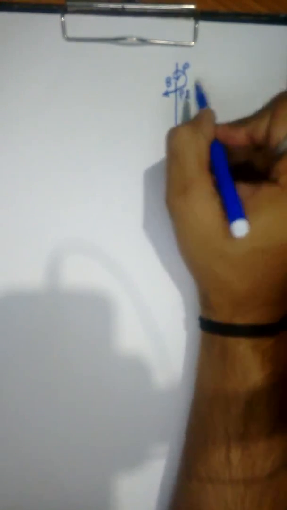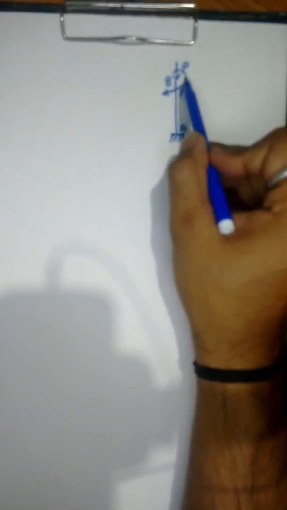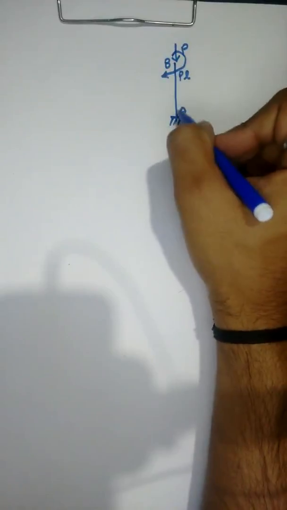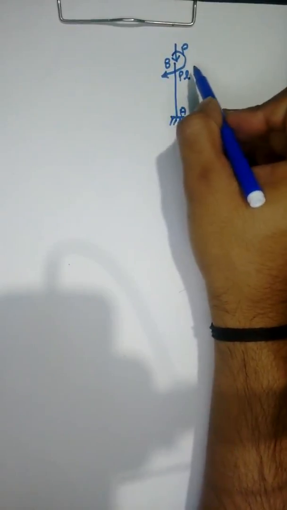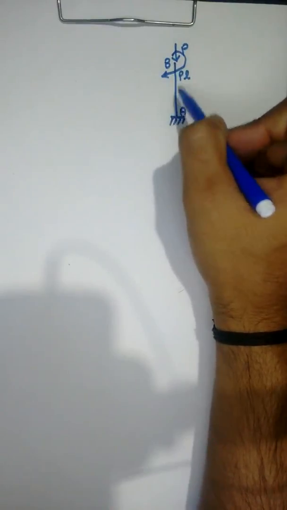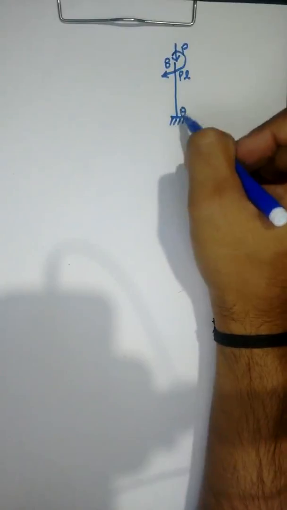In the vertical section AB, we have a point load P acting axially to the section and a moment PL. Look, due to this point load P acting in axial direction, there is no deflection in the beam because it will cause axial strain or axial stress in the member AB.